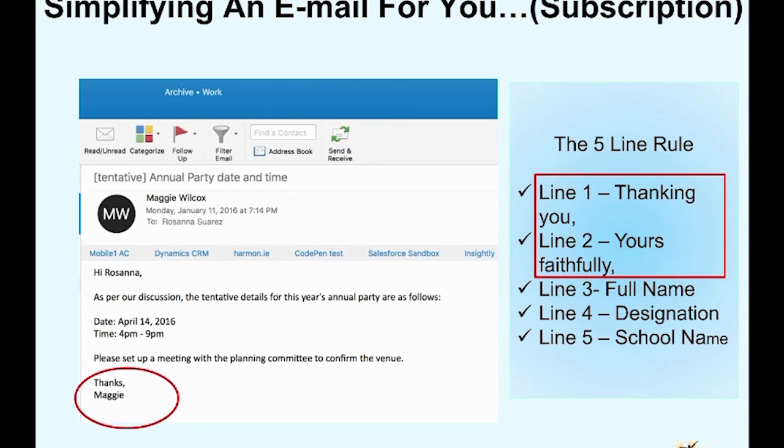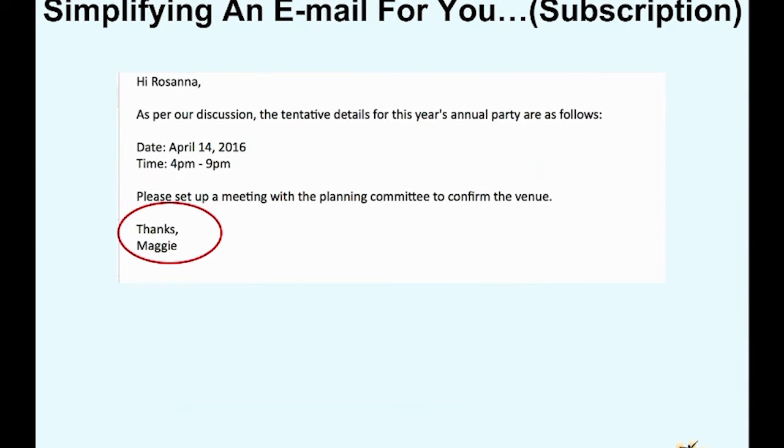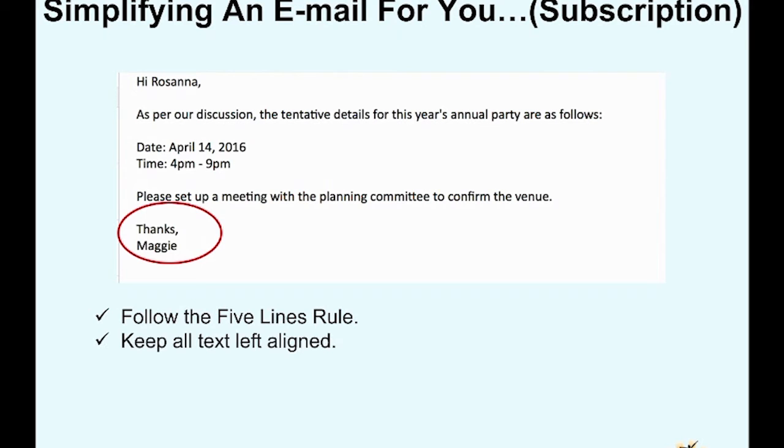Take a close look at the comma and casing usage in this slide. Review the tips listed on the screen to avoid making errors while writing the subscription in an email.